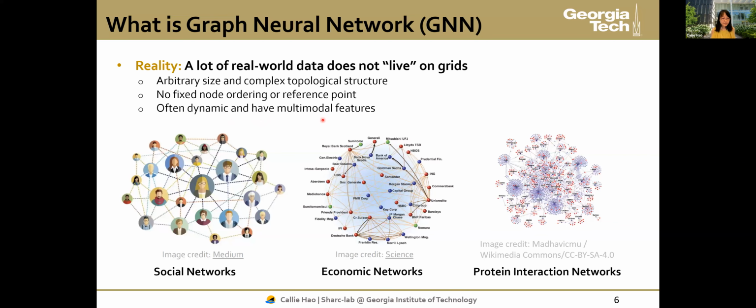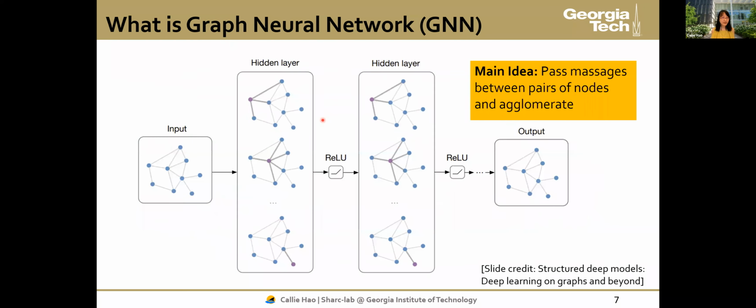Generally, the traditional machine learning algorithms working on well-aligned grids and sequences don't apply to this complicated real-world data. So this is where graph neural network is going to play a very important role. The main idea is that we want to pass messages between pairs of nodes and then aggregate them.